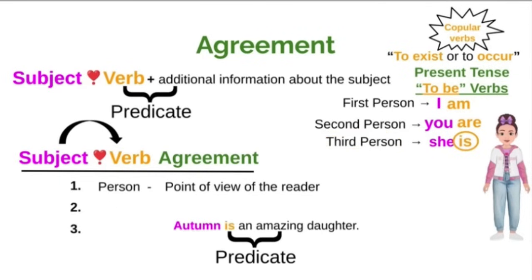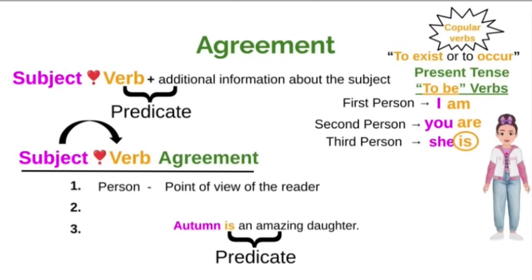Is agrees with Autumn because we're talking about Autumn. We're talking about her. She is an amazing daughter. So the third person singular verb that goes with third person perspective is. Autumn is an amazing daughter.